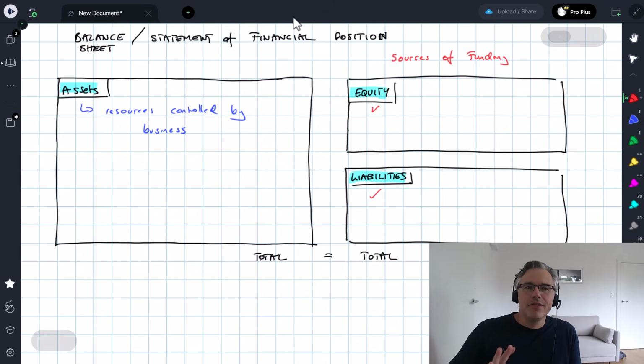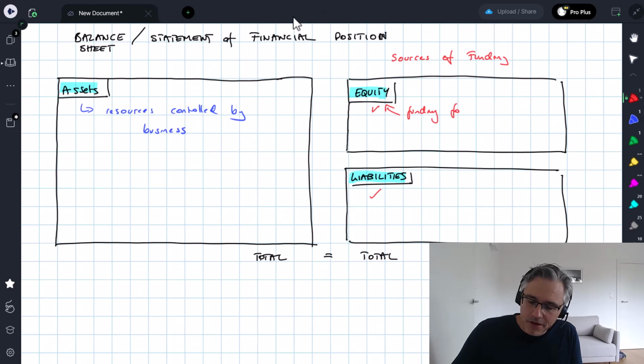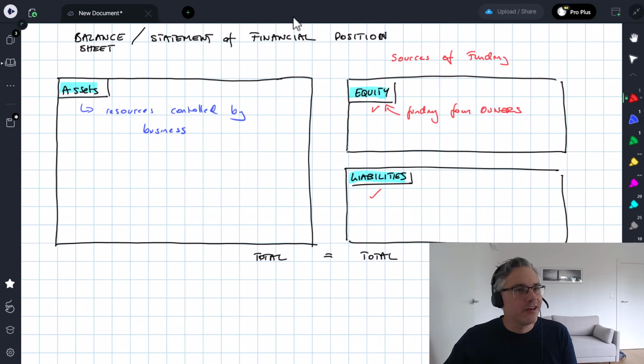We know that equity and liabilities are sources of funding, but funding coming from two different places, essentially. Equity is funding that comes from the owners of the business, the investors, typically the shareholders if you're thinking about listed companies.